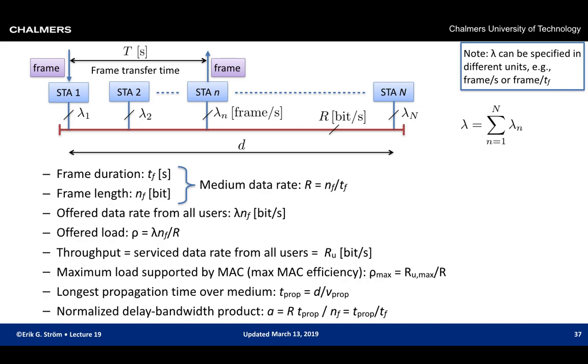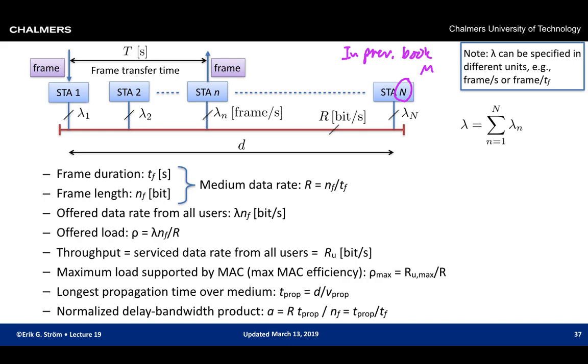How to think about medium access is that we have a number of transmitters, and we call them stations here. One thing that changed from the books is that this one was called M in previous books, but it doesn't really matter.